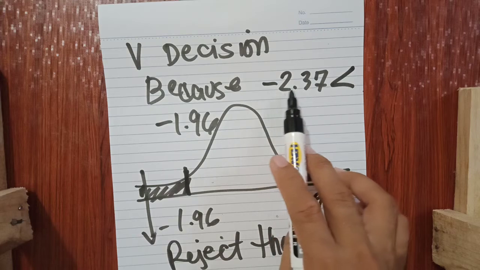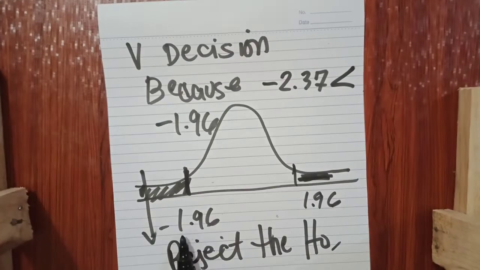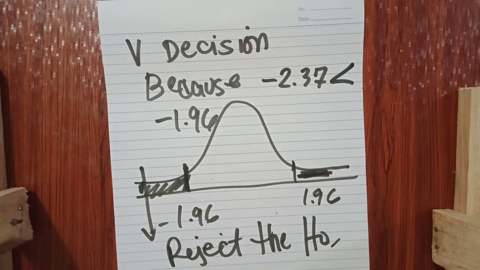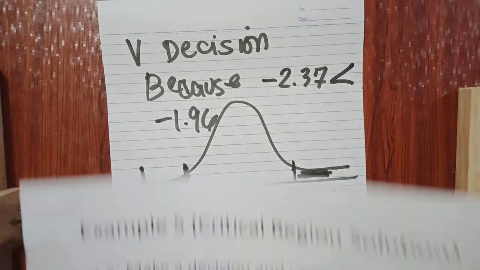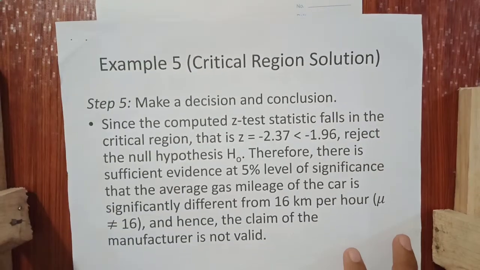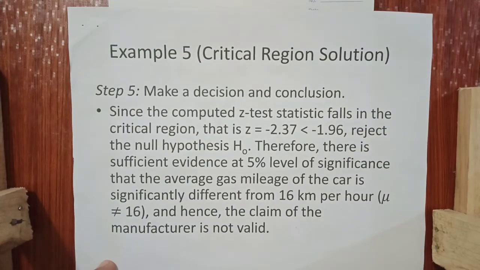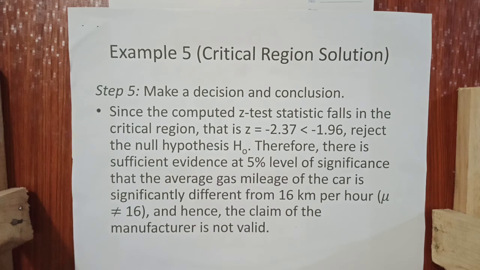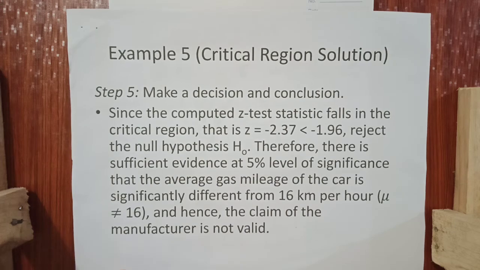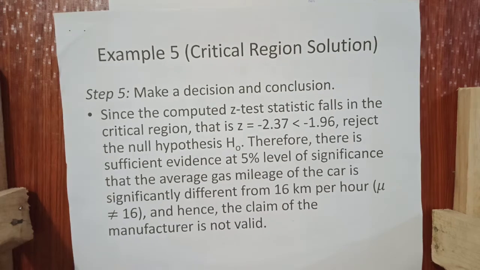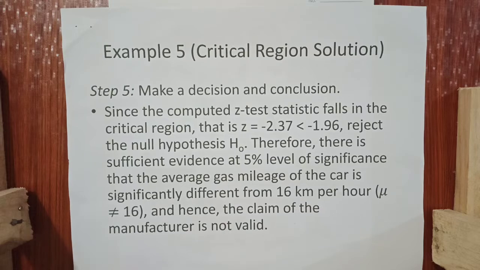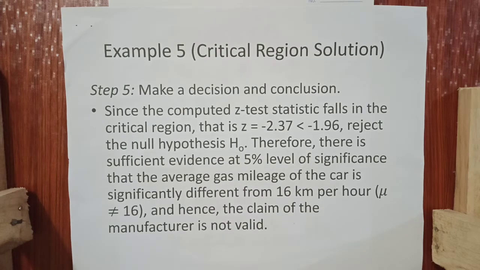So, because negative 2.37 is less than negative 1.96, reject the null hypothesis. Yan ang decision. So, pwede mo siyang isulat na ganito. Maraming paraan in essay, basta mahalaga ma-explain mong mabuti yung decision na yan, pwedeng hindi exactly na ganito.